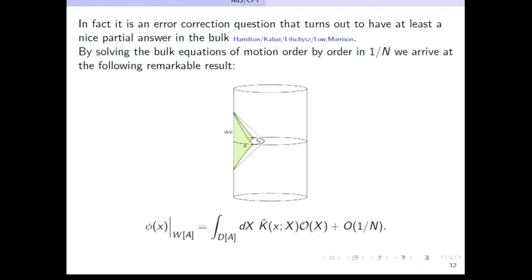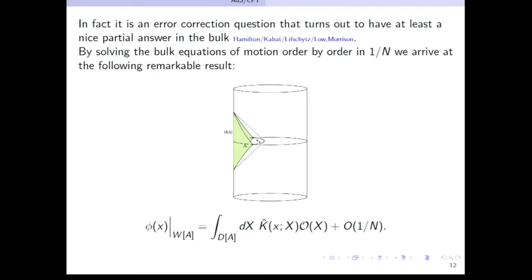And now, the claim is that if x lies in this wedge, this W of A, then it has a representation in the conformal field theory where, in the conformal field theory, the support of the representation, so this O is some local operator, I'm integrating this local operator over this D of A, this green diamond, and only over the green diamond.